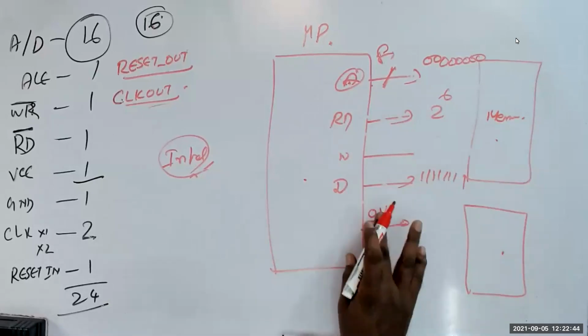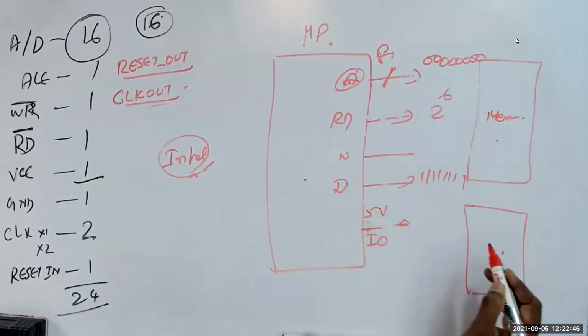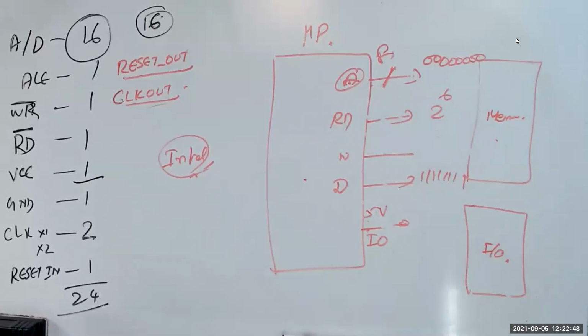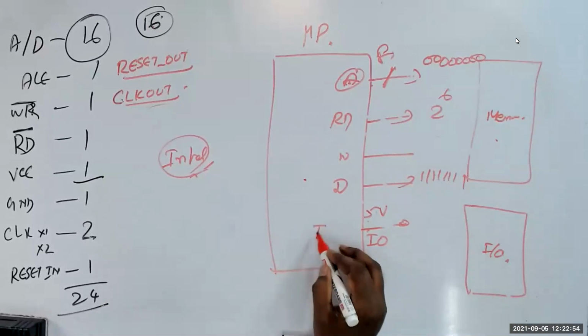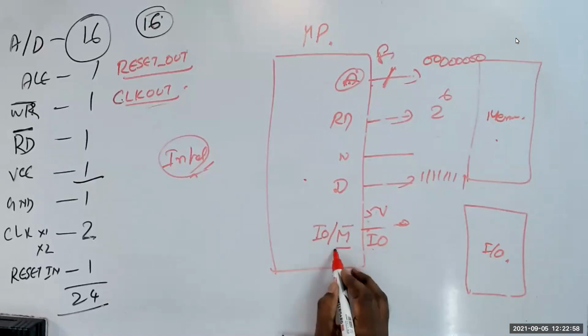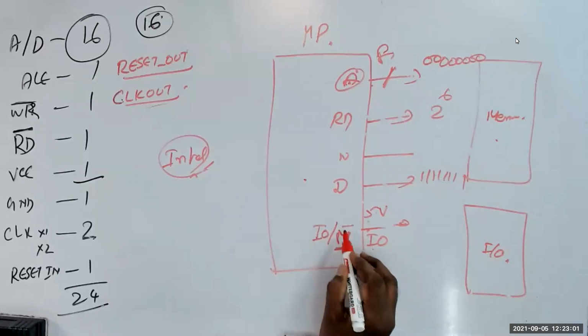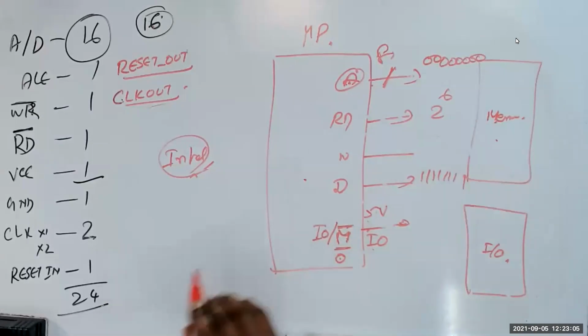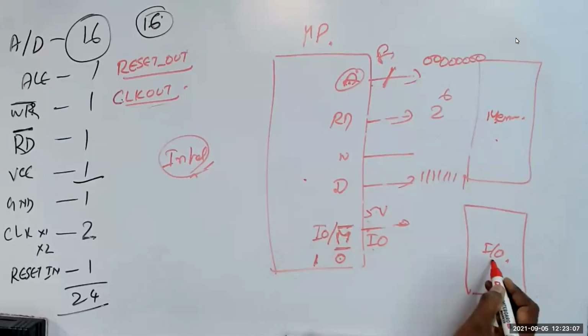When it is 5 volt, they are accessing the IO. That's why they call this signal IO/memory bar. That means when it is 0, it accesses memory, and when it is 1, it accesses IO.